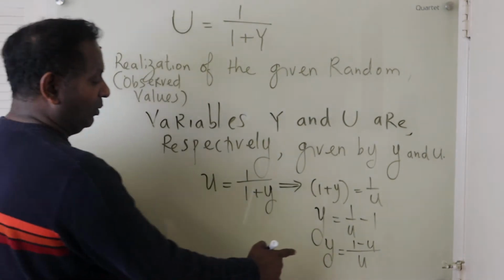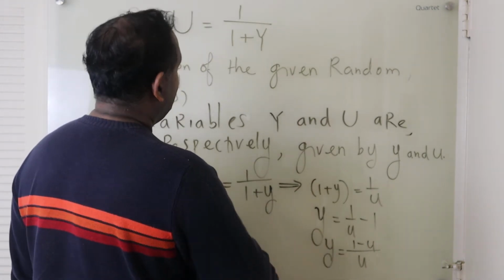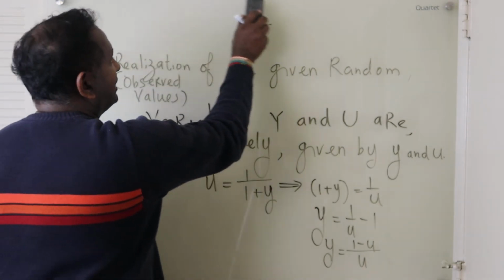So we get the old variable in terms of the new variable. Then we're going to go ahead and find something called the Jacobian.